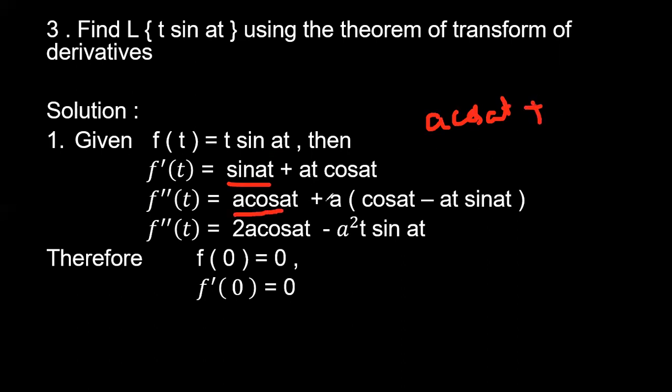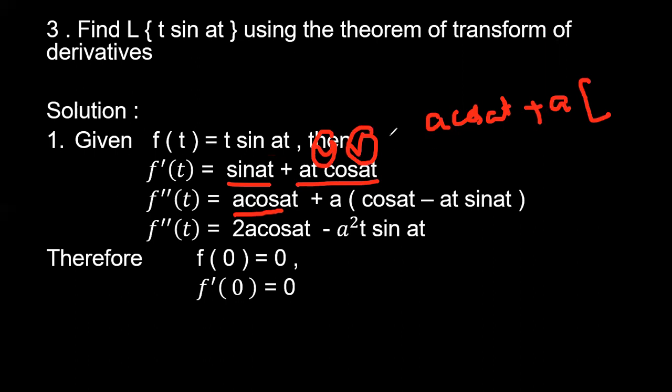Next, plus, what is the differentiation of at cos at? Here a is a constant, and again you are going to apply the uv rule. Keep cos at as a constant and differentiate the first term t, then do the reverse procedure for the second term.